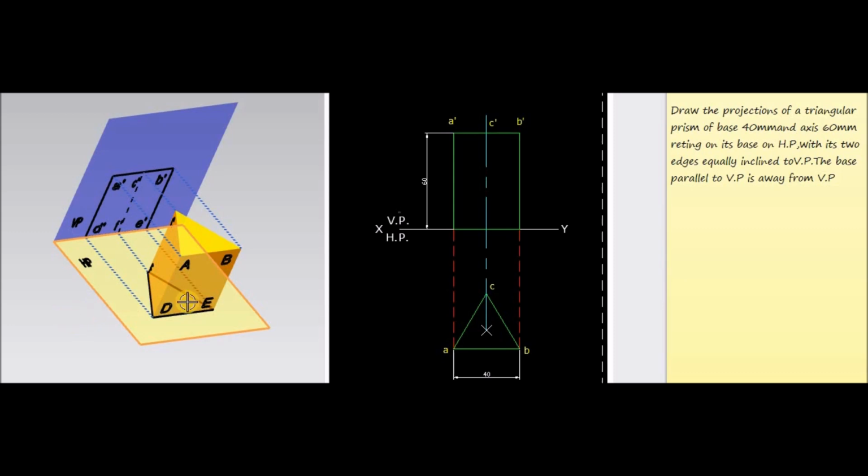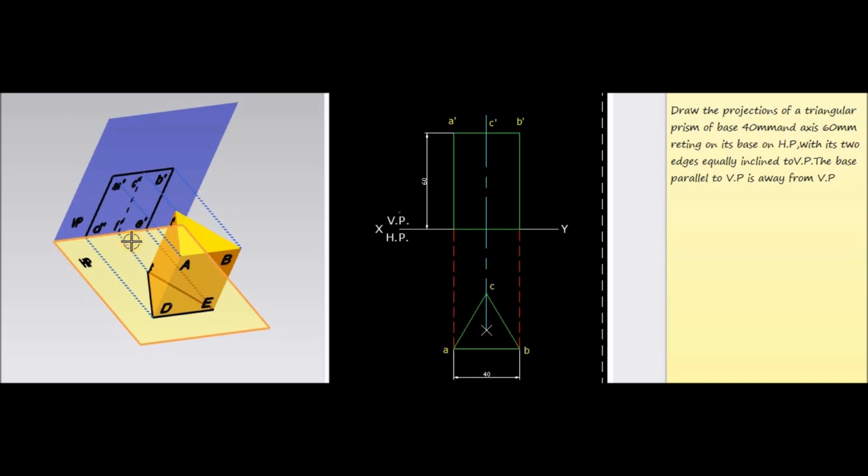Now consider the two-dimensional view of this question. Now we have to represent all these three-dimensional matters inside this 2D plane, and that will be the answer to this question. For that, consider the intersection of these two planes, vertical plane and horizontal plane, by the XY line. This is the XY line.